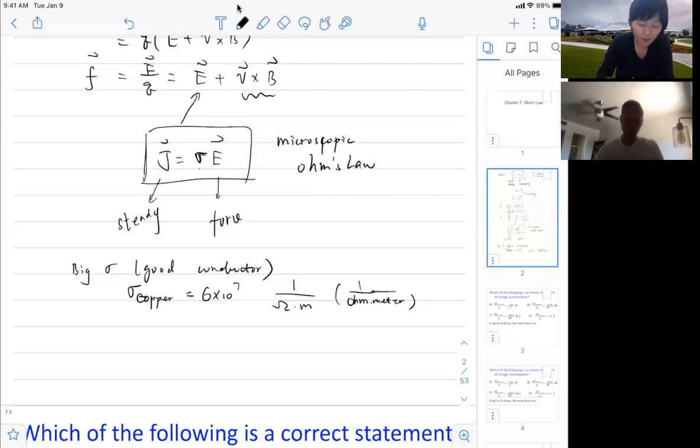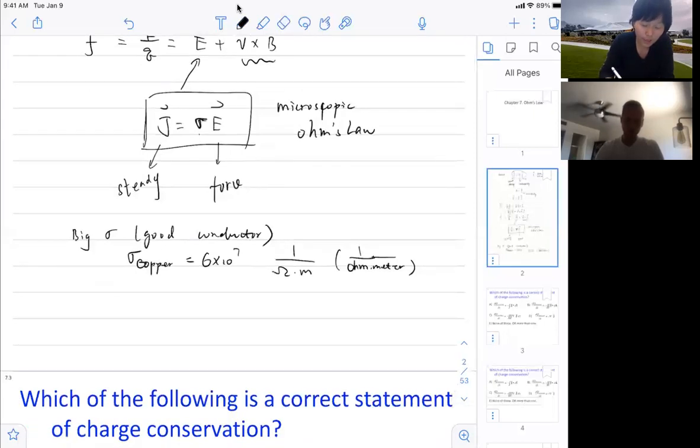You could also look at the unit by looking at the unit for J divided by the unit for E, right? The unit for J is current over meter squared, divided by the unit for E, which is force over coulomb. You can replace amps, the unit for current, with coulomb over time.